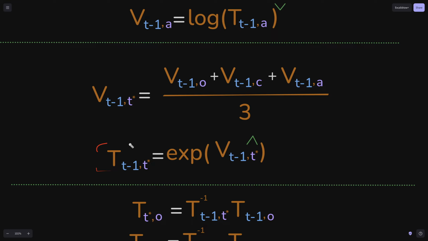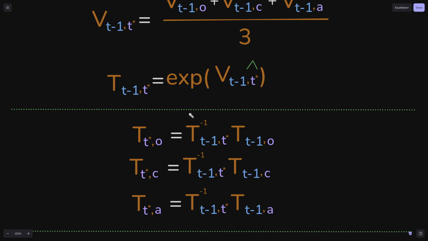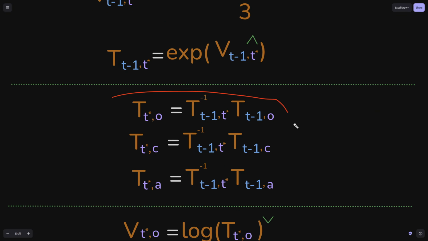Now we do the exponential and we take the transformation. What do we do with the transformation? Well, we try to get new transformations with respect to this new frame. And why do we do that? Well, we are converging, okay? We are doing an iterative algorithm where this t star is closer to t, so we are closer to the solution. So this is our new starting point, t star, which is very close to t.